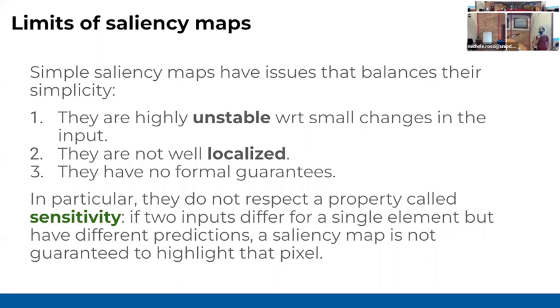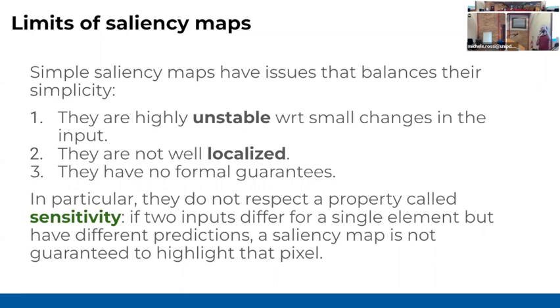In particular, one formal guarantee that you want is the so-called sensitivity. Basically, if you have two images with two different predictions, and they differ by only one pixel, then by definition, that pixel should be part of the explanation. That's the property called sensitivity.